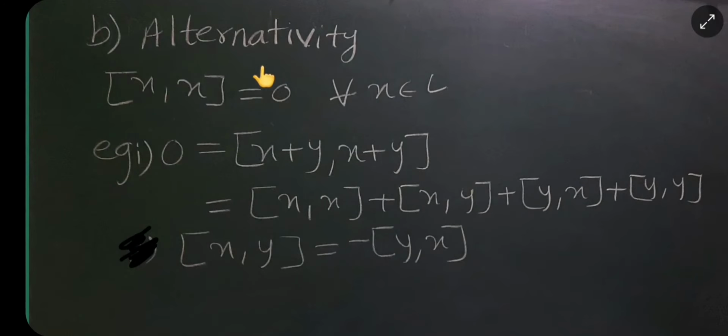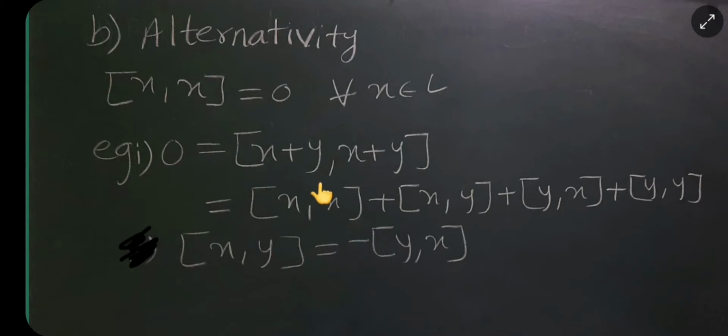Second one is alternativity. It should satisfy that the Lie bracket [x, x] is equal to 0 for all x belonging to the Lie algebra L. Now I will give you an example. 0 is equal to [x + y, x + y], which is equal to [x, x] plus [x, y] plus [y, x] plus [y, y].